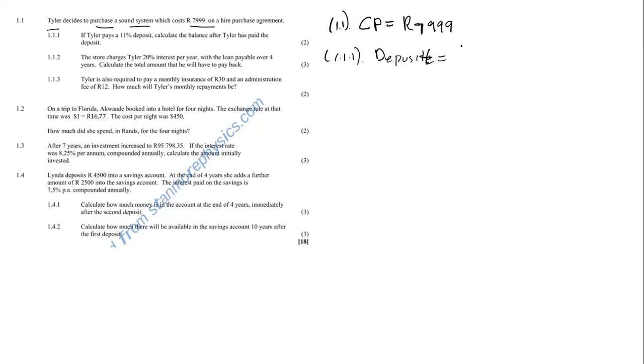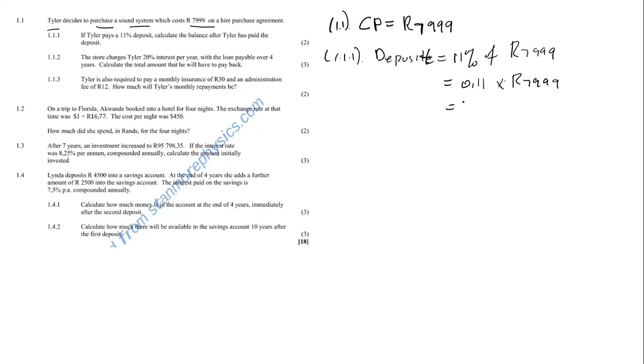It's the deposit. So we're gonna take 11% of this amount, okay? So 11% of 7,999 Rand, it corresponds with how much? Remember, 11% is the same as 11 divided by 100, and you're going to get 0.11. When you do this, you turn it into multiplication, and then you're going to multiply by 7,999.